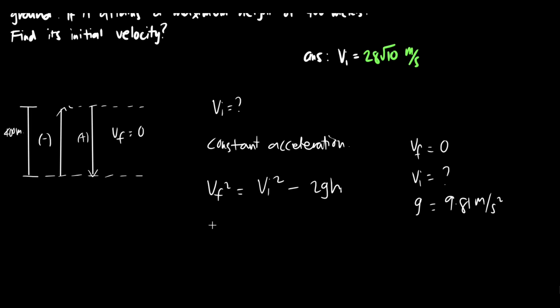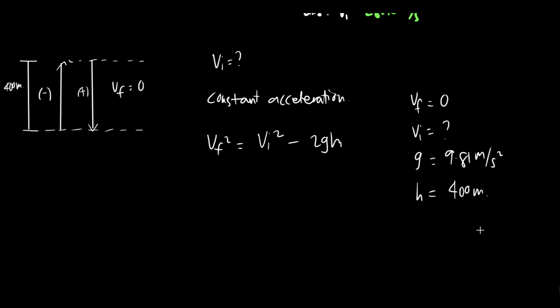So for this one, our height here is 400 meters. We'll now substitute. So we have v final, which is 0, equal to v initial squared minus 2 times 9.81 meters per second squared times 400 meters.